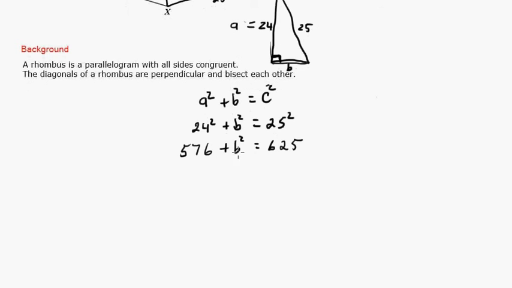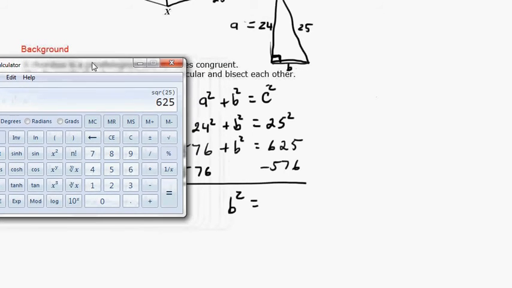Okay, so now we're close. We just need to solve for B. So first we subtract 576 from both sides. And I'm going fast, so I'm going to trust my calculator more than I trust me at this point. So I got 625 in, and I'm going to take away 576. That equals 49.